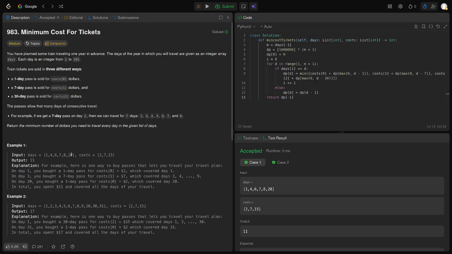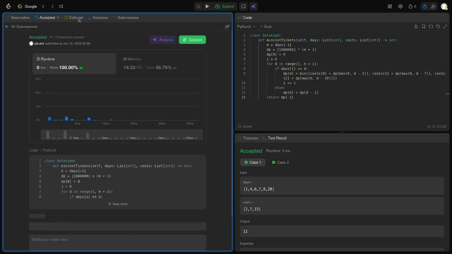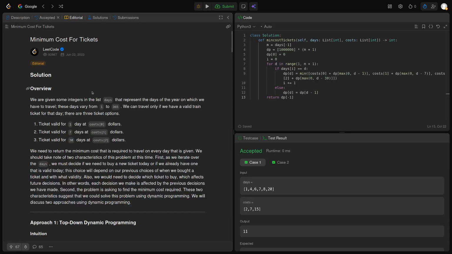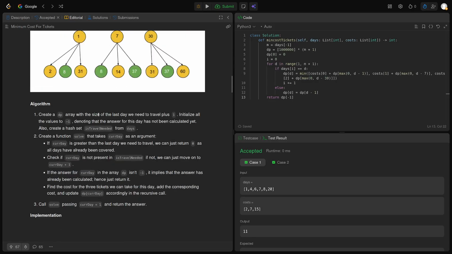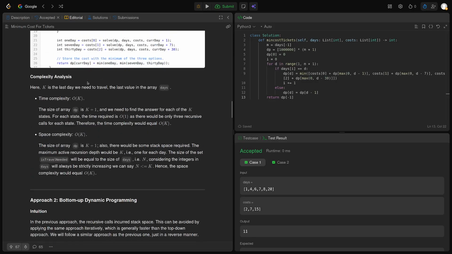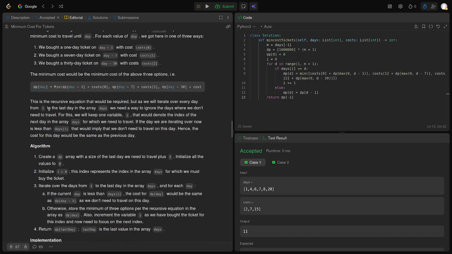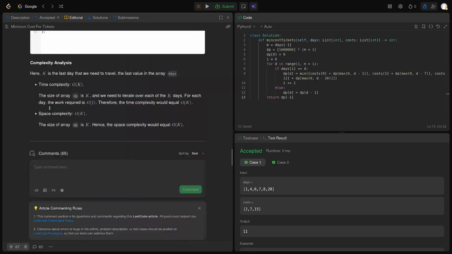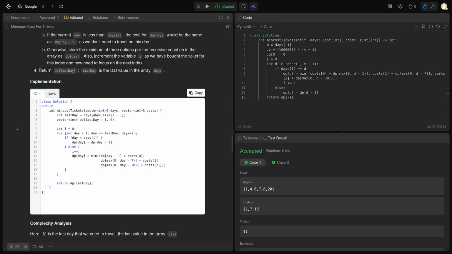Second thing is, do we really have to do this though? I guess that's a solution. Let's see the editorial. What does it say? Top down DP. What's K? Okay. Bottom up DP. Okay.